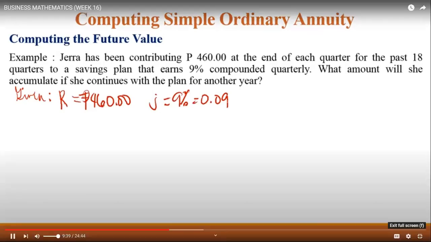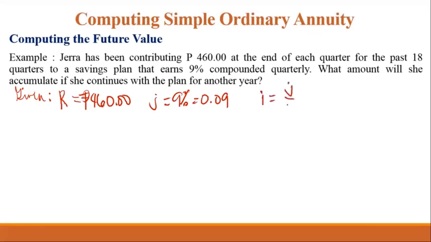And we have the interest, which is the ratio of J over M, so 0.09 over 4, which is equal to 0.0225. And our M, the number of compounding per year, is 4, because it is quarterly.